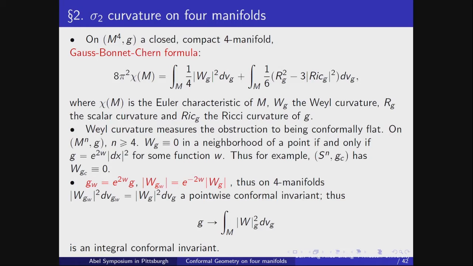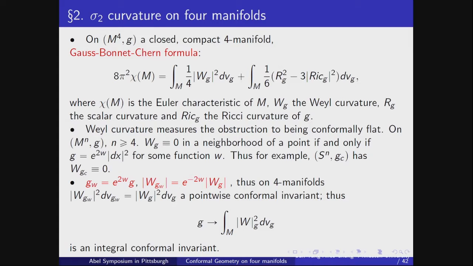Okay, so chi of M is still the Euler characteristic, but what does Weyl curvature do? Weyl curvature measures the obstruction to being conformally flat. What does that mean?